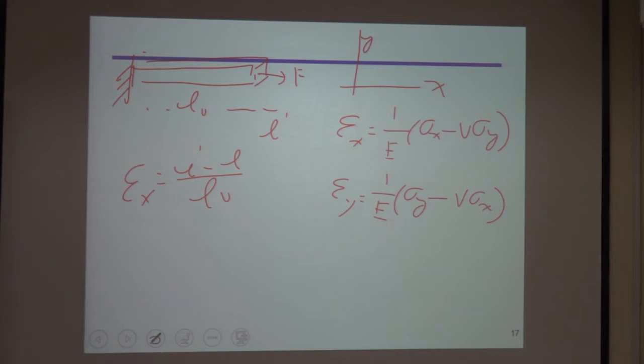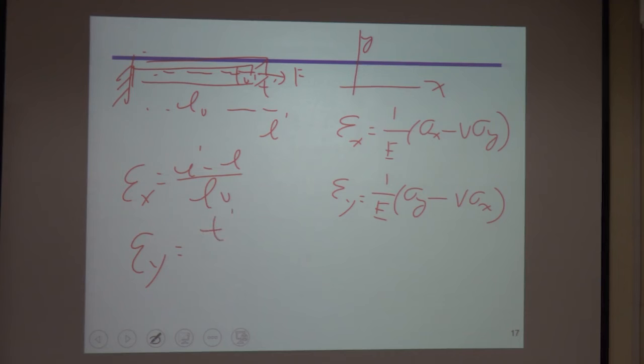And also for a wire, if you make it longer, its thickness will become smaller. So in the thickness direction, the original thickness is T0, and the new, smaller thickness is T prime. Let's say Y is the thickness direction.